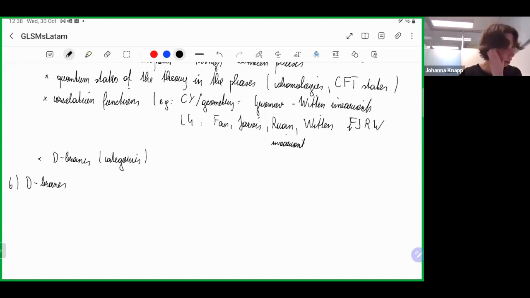So yeah, let's start again. I have largely suppressed the fact that the GLSM is a gauge theory in 2 dimensions and that it lives on a worldsheet, and the worldsheet is a Riemann surface.